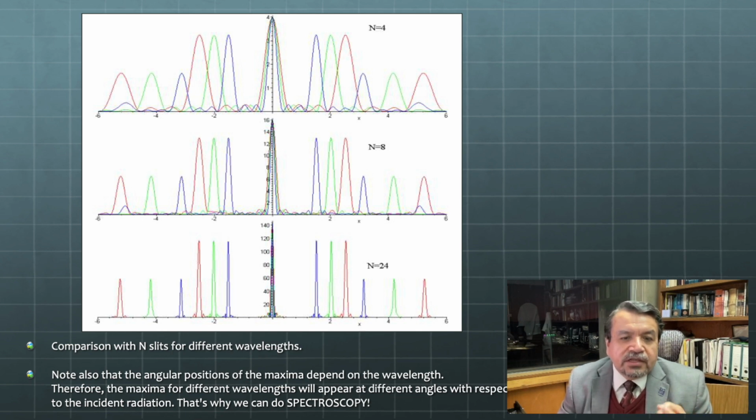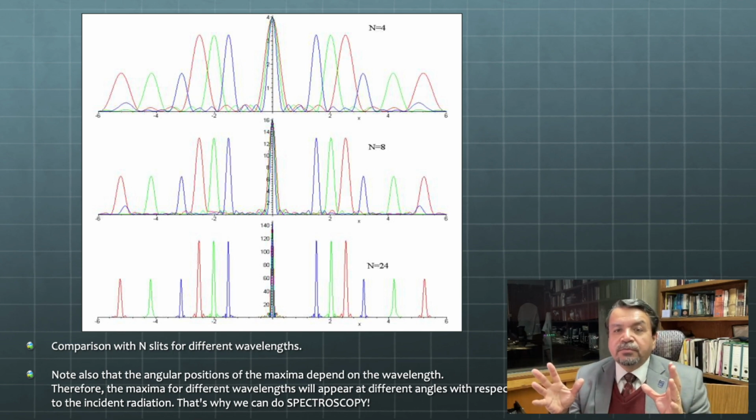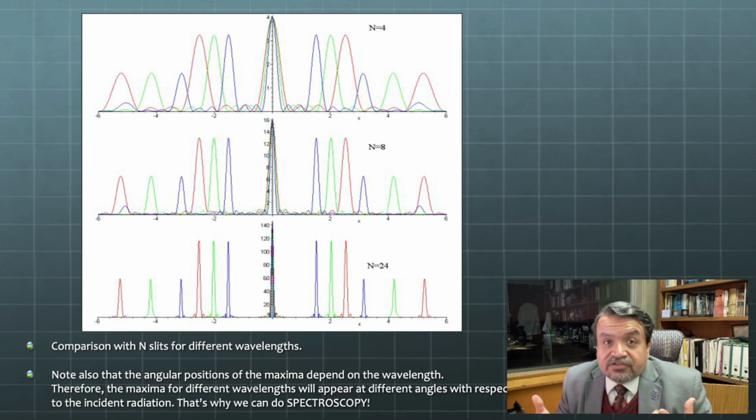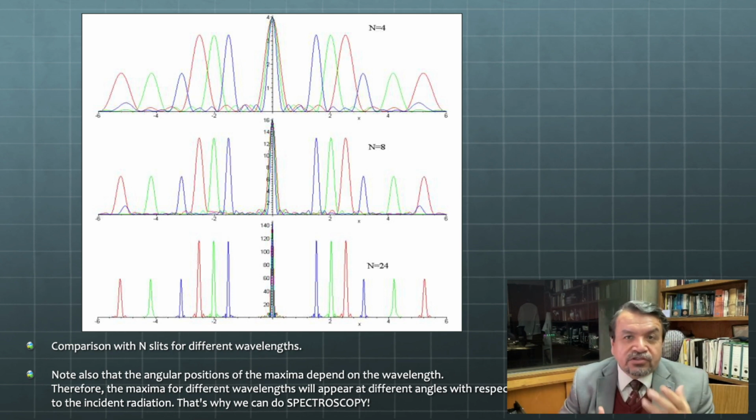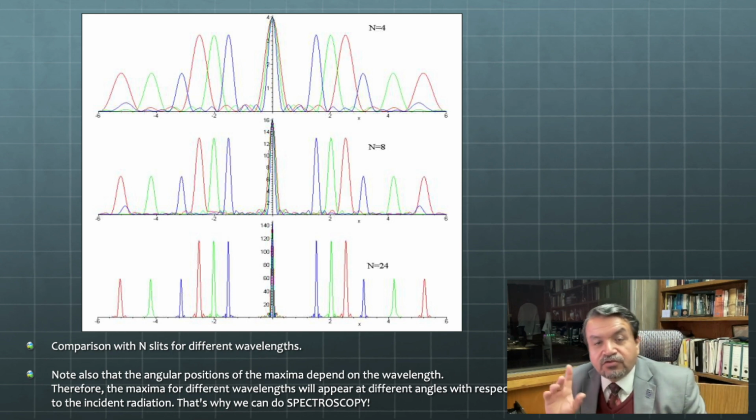Then it says something else here. It says, note that the angular positions of the maxima depend on the wavelength. Therefore, the maxima for different wavelengths will appear at different angles with respect to the incident radiance. So the fact that they notice in order 1 there is this separation, and in order 2 they are much more separated, can already give us an idea that when we want a high dispersion, we would tend to look for higher orders.